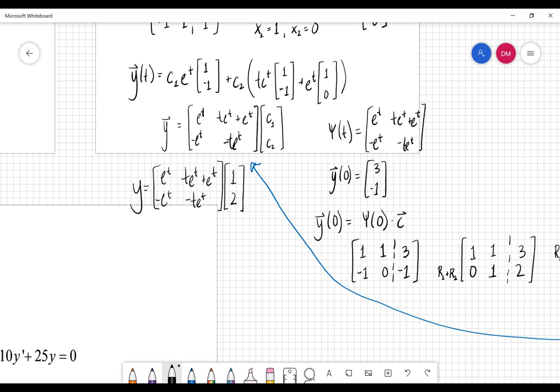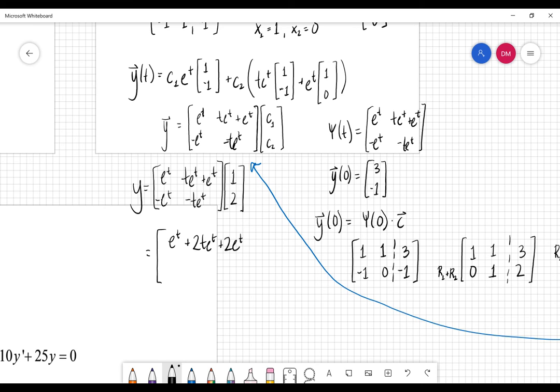And then doing my matrix multiplication here, I will get 1 times e to the t, and then I have to distribute the 2. So I will get 2t e to the t plus 2e to the t.